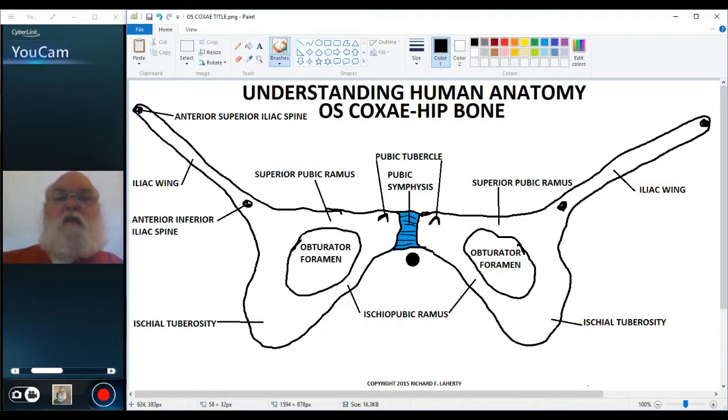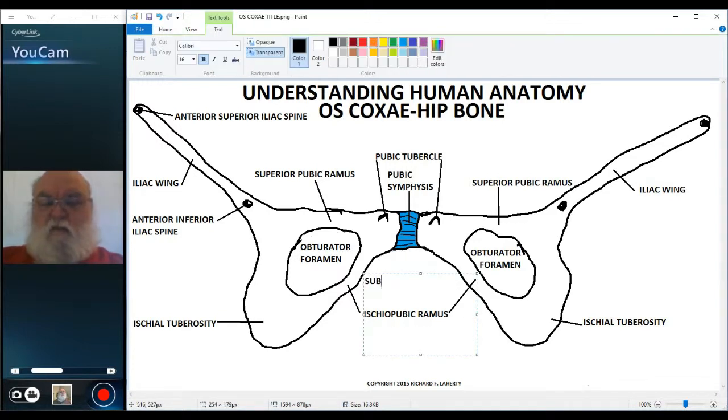Now, where the two pubic bones meet, we get an angle, and this angle is called the subpubic angle. So this is the angle inferior to the pubic symphysis.